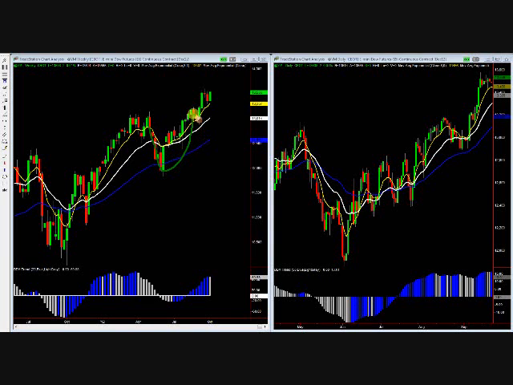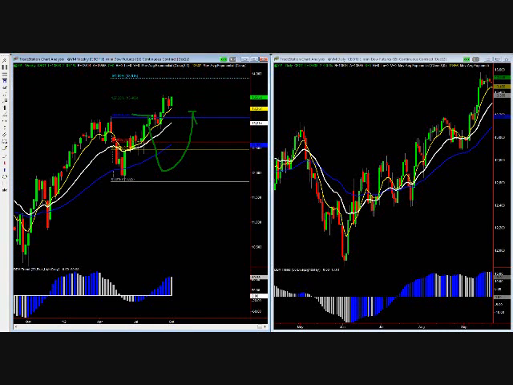So you've got these loose cup patterns here where you get this cup and then you get a pullback. There's the handle there on the weekly chart, and then you get a breakout above that level. So if we look at this kind of pattern here, you can see from this high to this low in the Dow, we've come up and we've hit the 1272 extension.